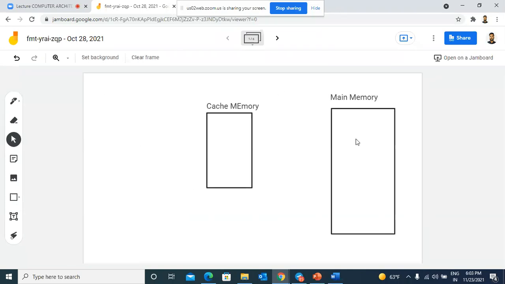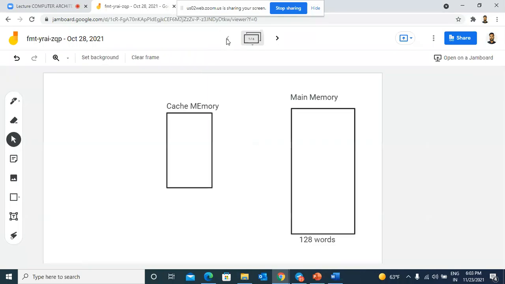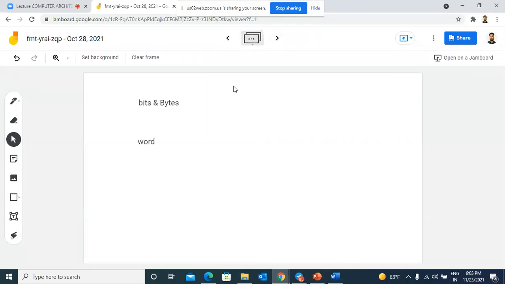This is main memory, and we'll talk about the word concept. Here I will write 128. So this is the concept for bit, byte, and word.